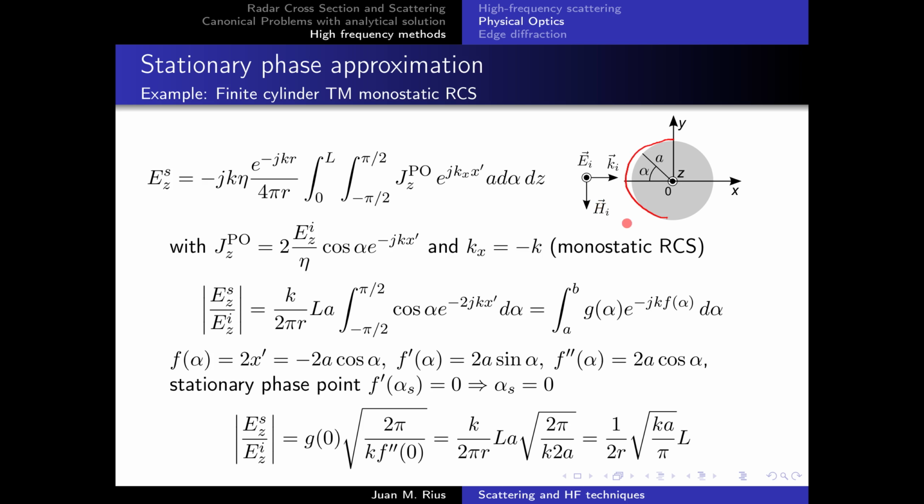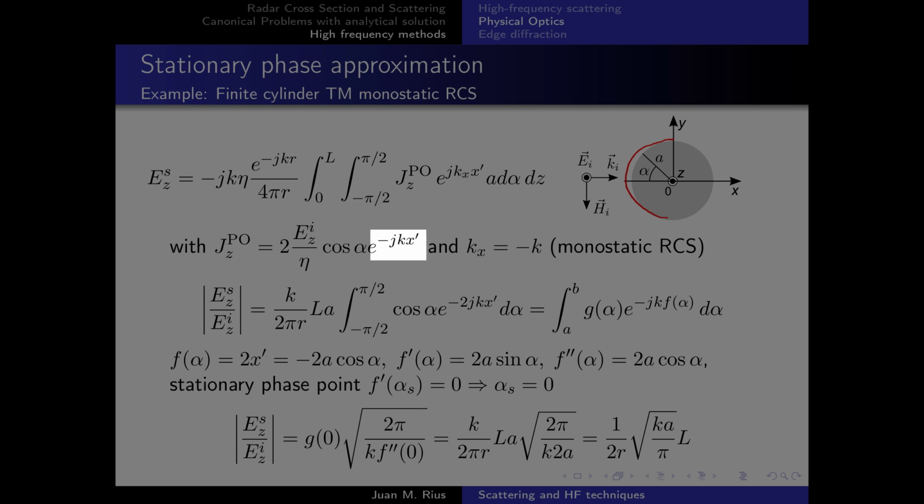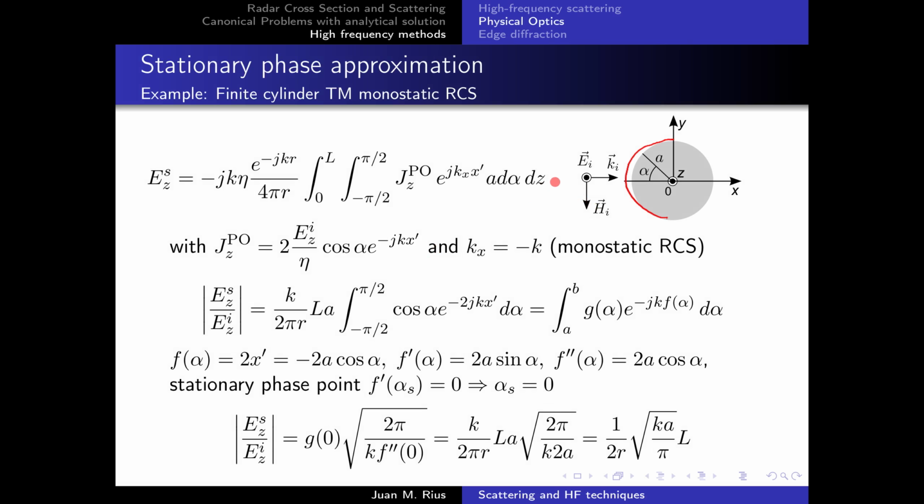And when alpha is pi over 2, the magnetic field is perpendicular to the surface, so the tangent component of the magnetic field is equal to 0 and the cosine is 0. Then we have the phase of the incident plane wave, because the incident plane wave propagates along the positive x direction. So we replace the physical optics current within the integral.